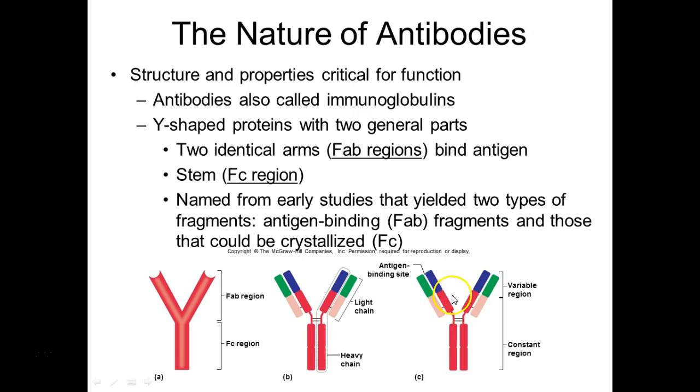But when we get into the actual structure of each one of the chains, there are two distinct regions that each of the chains have. They both have a variable region, and this is associated with the antigen binding site. So this is what makes each antibody different from each other.